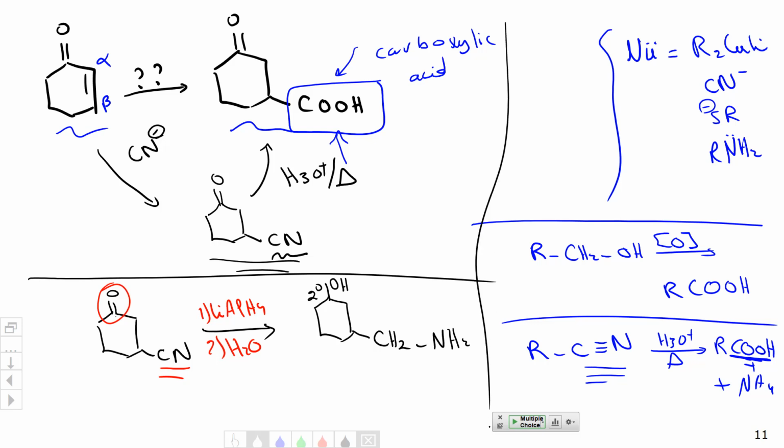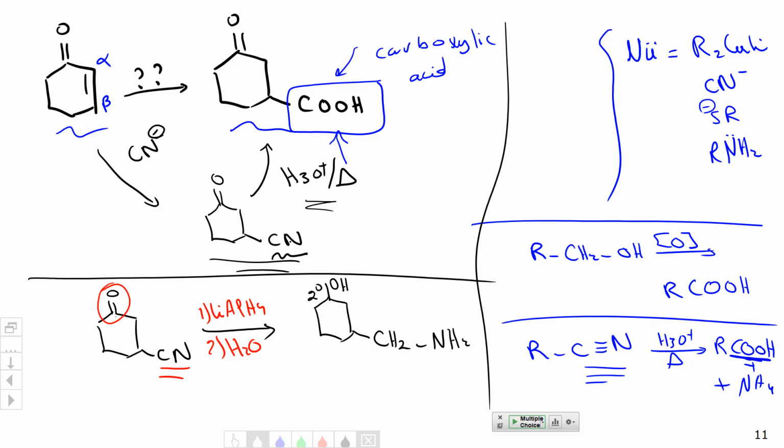So what I'm trying to say is, keep an eye on the hydrolysis: it's only the cyanide that's going to be affected. The C double bond O of the ketone will not. In the case of lithium aluminum hydride, if there are two functional groups in the molecule, we always have to keep an eye on both of them and make sure that we write the right reaction for each.